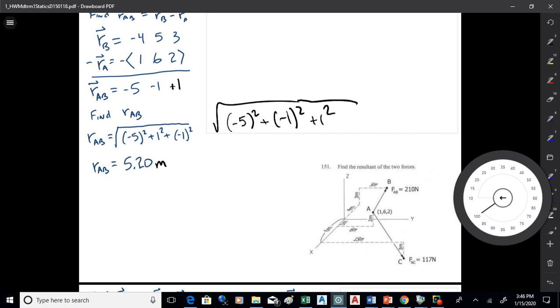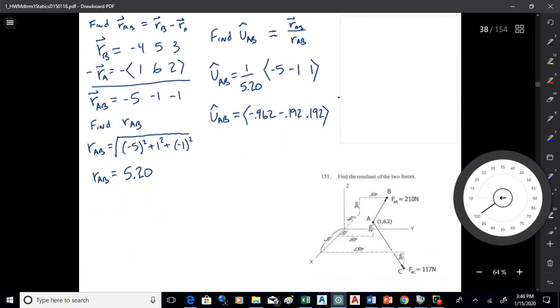Now what you want is a unit vector. A unit vector points the direction from A to B, so you can divide through by the magnitude, and that will get you a unit vector. A unit vector has a magnitude of 1, and it points the direction from A to B. It'll have the proper proportions to do that.